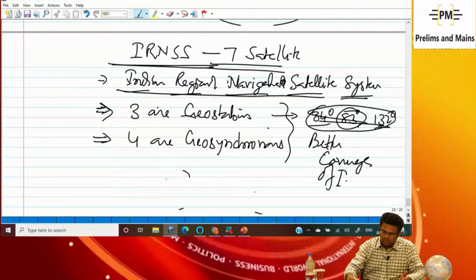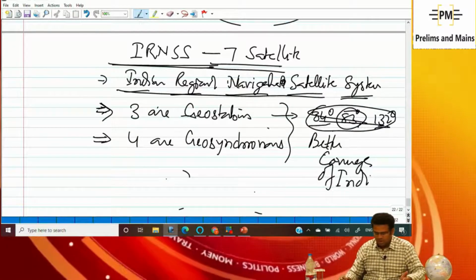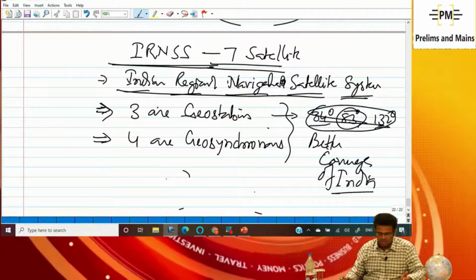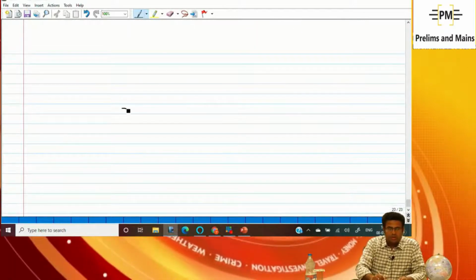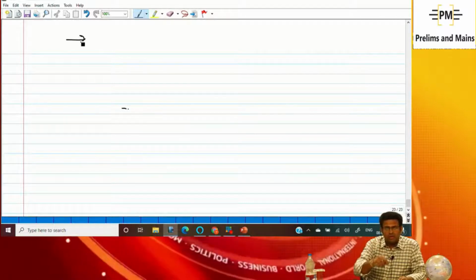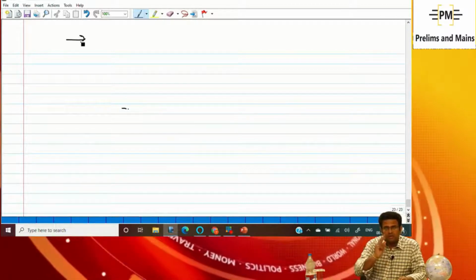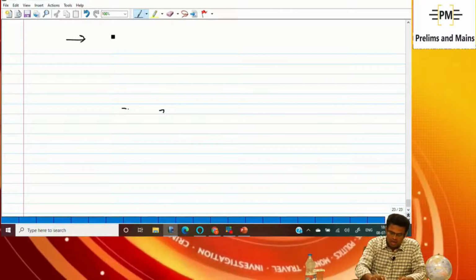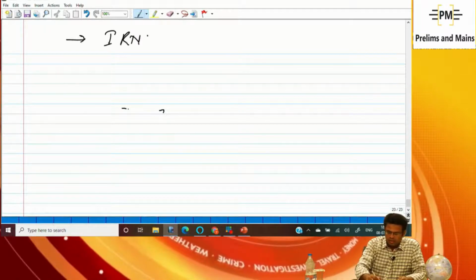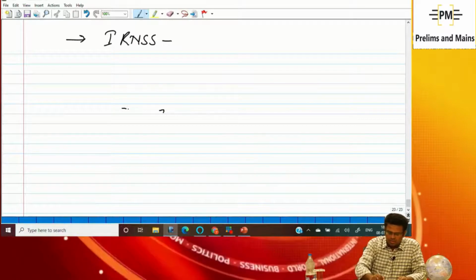So there are 7 satellites which have been sent, and this was started in the year of Mangalyaan; before sending Mangalyaan, we started sending our IRNSS. IRNSS 1A has been sent.